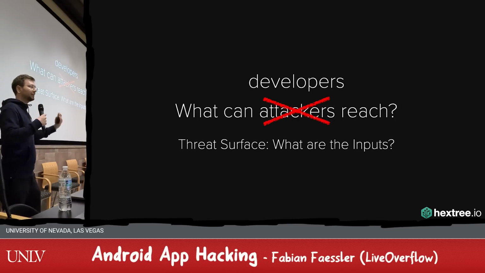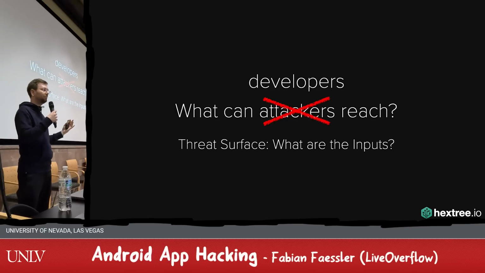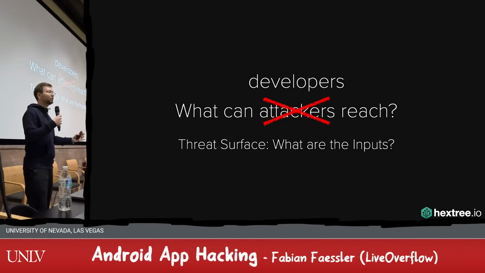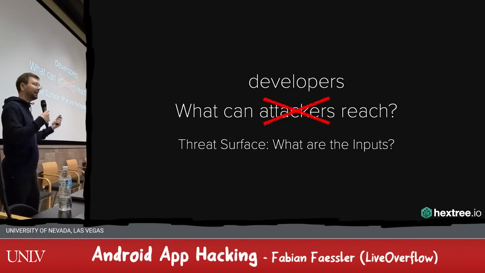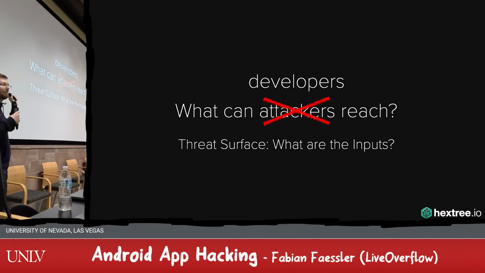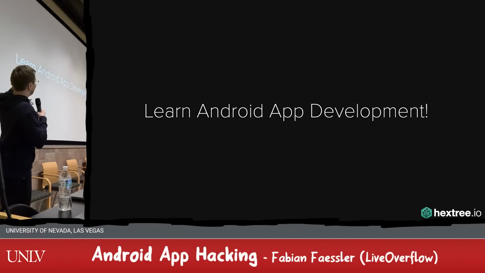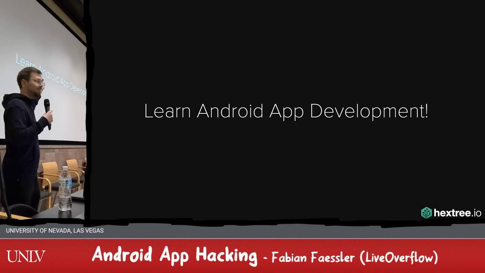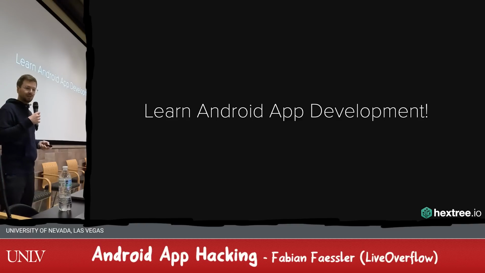So if you understand how applications are built and all these features and the Android concepts of how this app-to-app communication works, with this knowledge you will eventually also be able to attack these applications and break logic that was maybe implemented badly. And so one of the important steps is that we need to learn Android app development in order to understand how to attack applications.